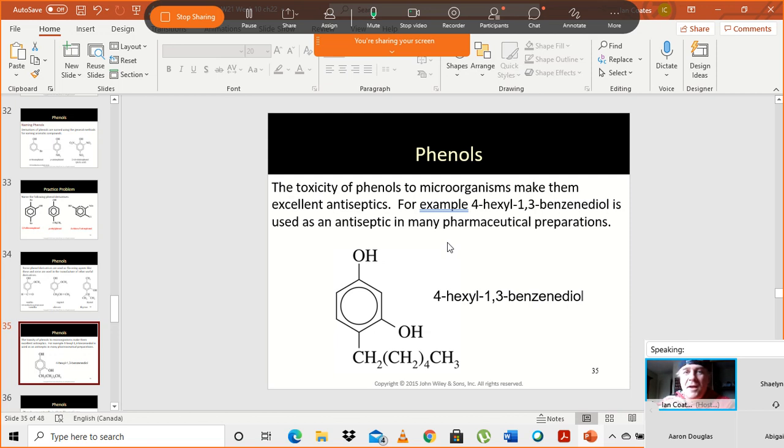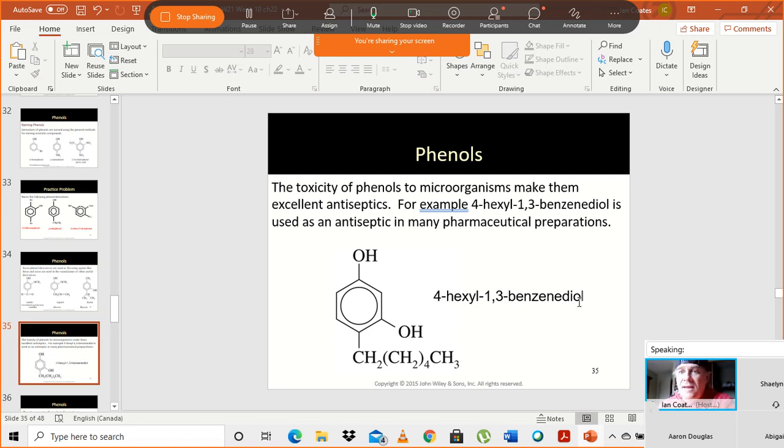So you look at this one. Here I've got my benzene. Here I've got an alcohol, and here I've got an alcohol. So, oh my goodness, this is now a benzenediol. And I apologize for the apparent discrepancy. It's just one of those things.